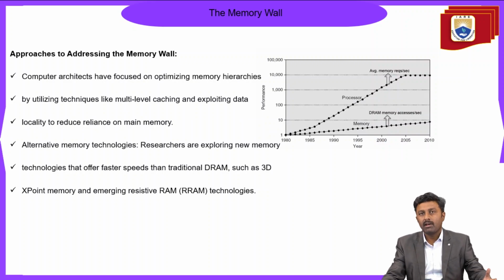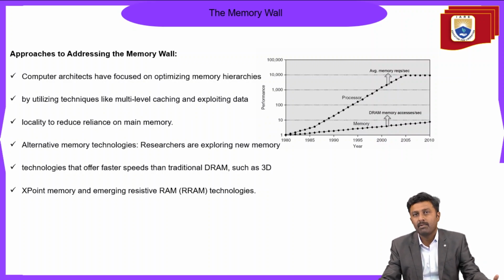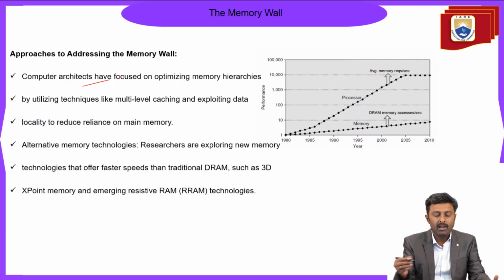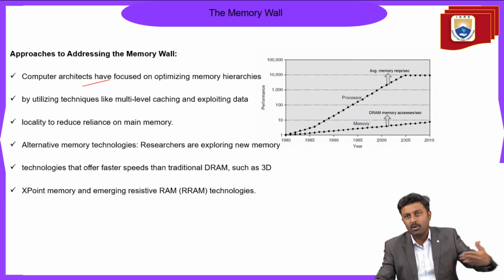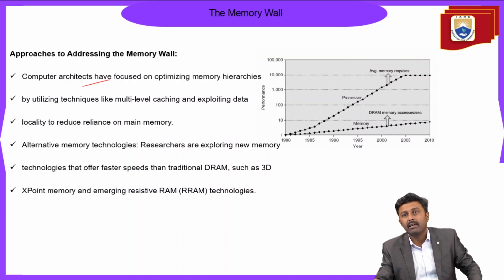So what are the approaches to addressing this memory wall? These are some of the approaches we can find. Computer architectures have focused on optimizing the memory hierarchies, that is, how effectively we can design the memory hierarchy from the top to the bottom, by utilizing techniques like multi-level caching.